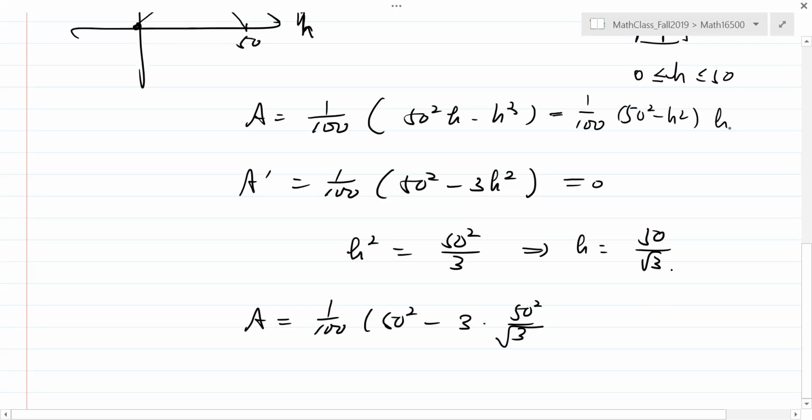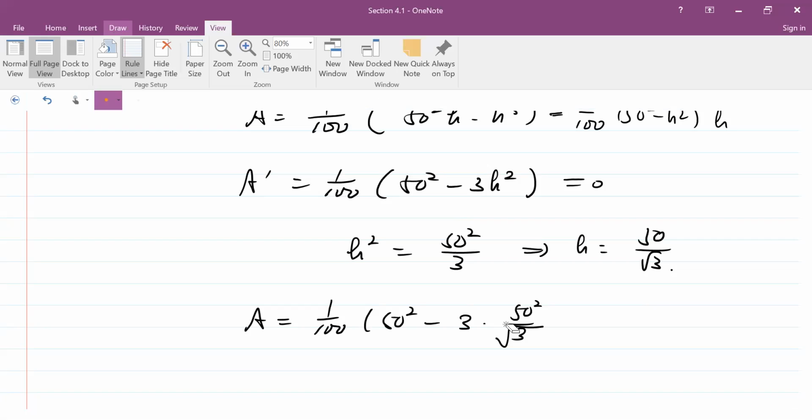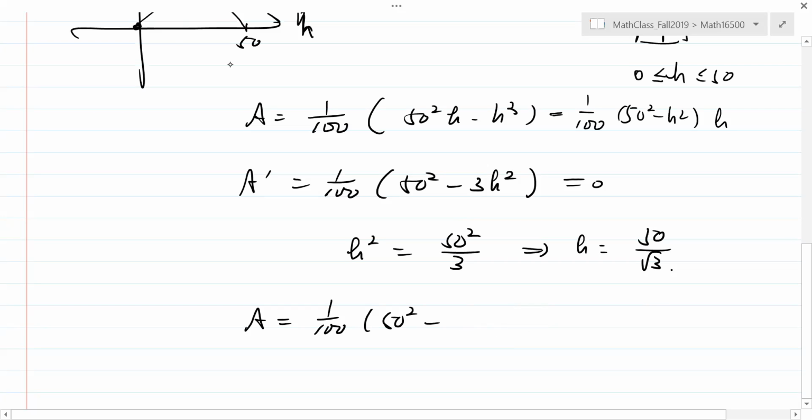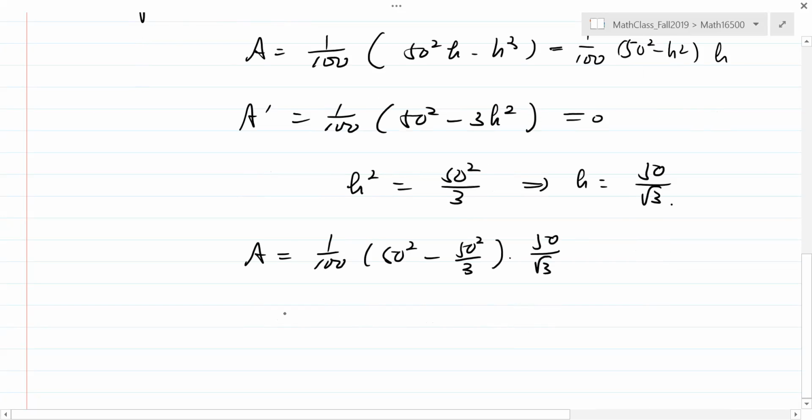So I'm going to calculate the area. h squared is going to be 50 squared over 3, and after you simplify it, you get 1 minus 1/3, which is 2/3. Then lots of simplification going on, this cancels out. So it's 50 squared over 3 square root of 3. So this is the largest possible area you can get.